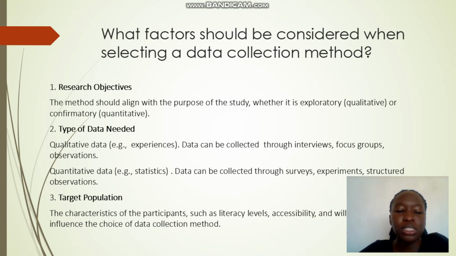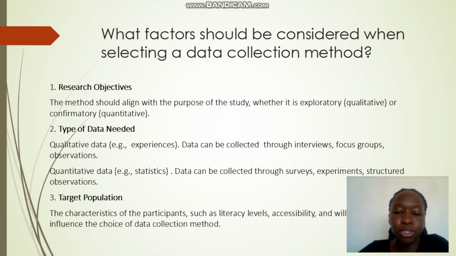So if one has to use qualitative data for their research, then they will have to use other data collection methods different from the person who has chosen to work with quantitative data for their research project. Then also put into consideration the target population.